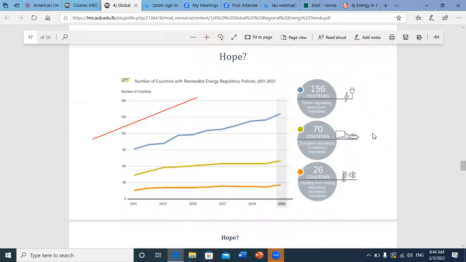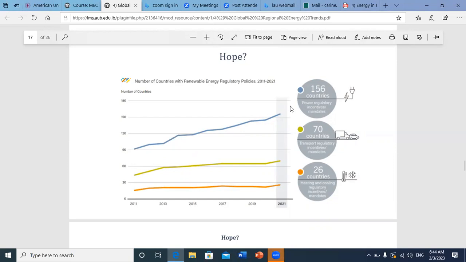So as we said, this trend is encouraging because we are relying more and more on renewable energy, and we should keep on with this trend and try to increase the rate of use of renewable energy in order to hopefully replace fossil fuel resources completely.